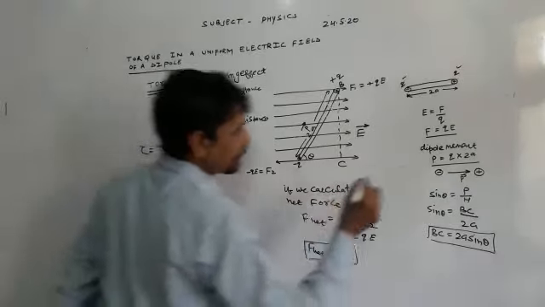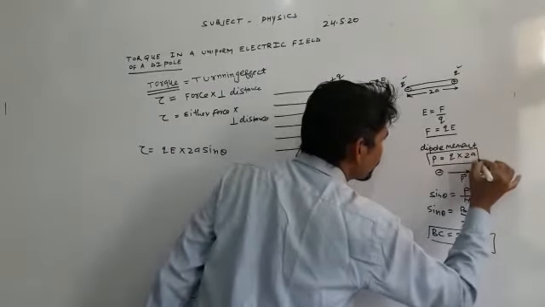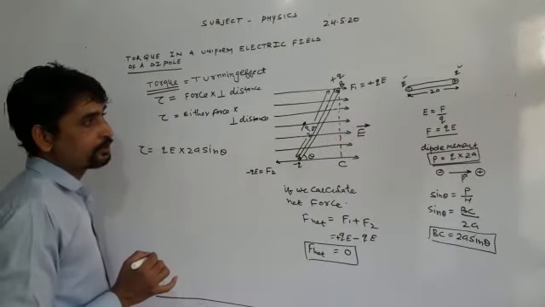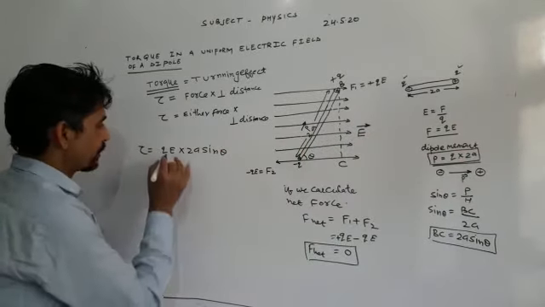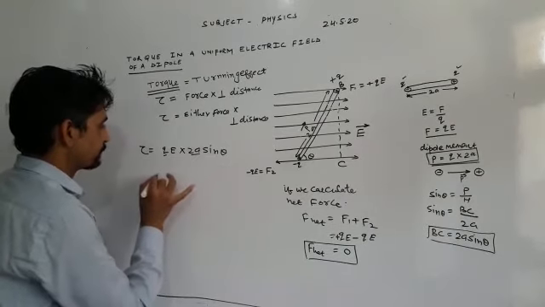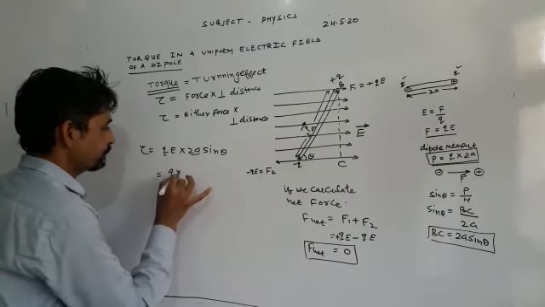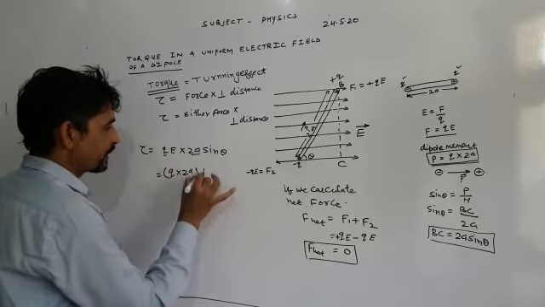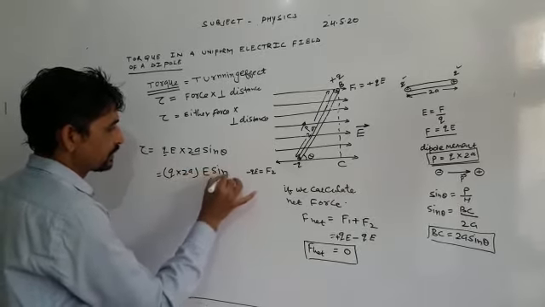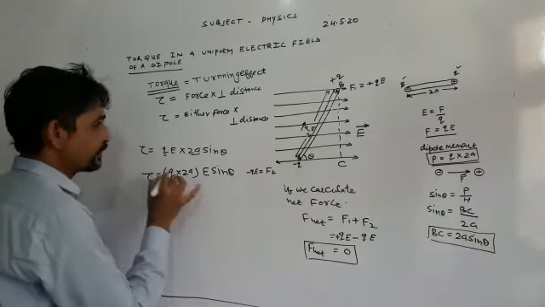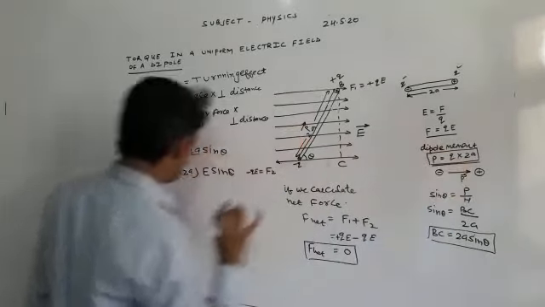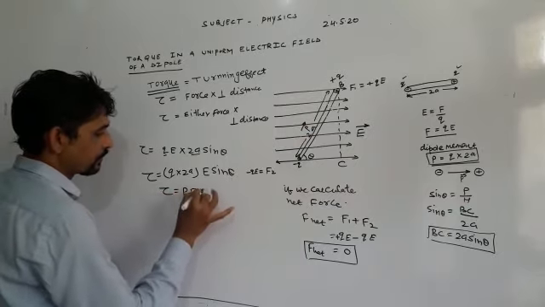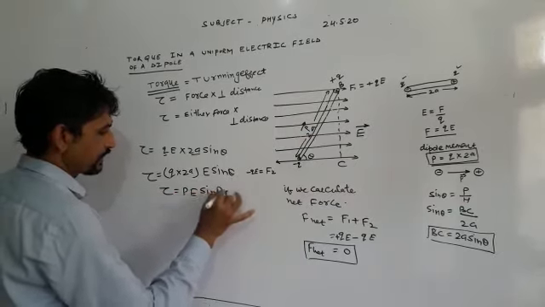And here we know a formula, P equals Q into 2a, electric dipole moment. So Q into 2a into E sin theta, and we place the value Q into 2a equals P, then tau equals PE sin theta.